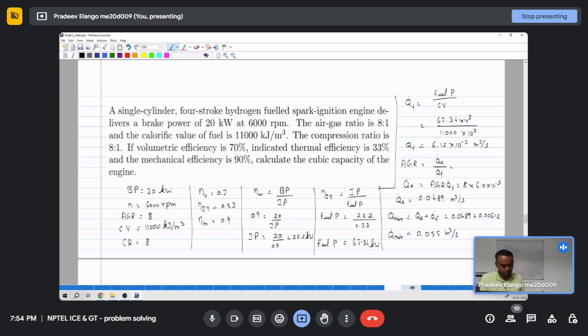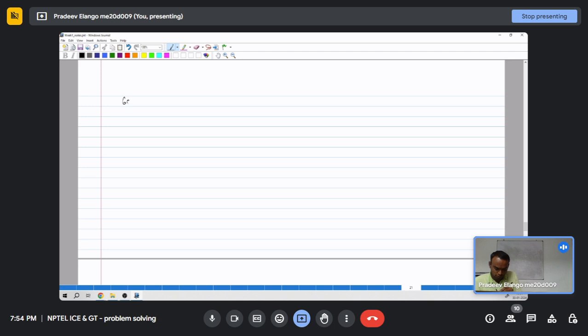Next, we can calculate cycles per second. This is 6000 RPM, which means 6000 by 120 cycles per second. So Q mix, that is the mixture needed for one cycle, would be 0.055 divided by 6000 by 120 meter cube per cycle.